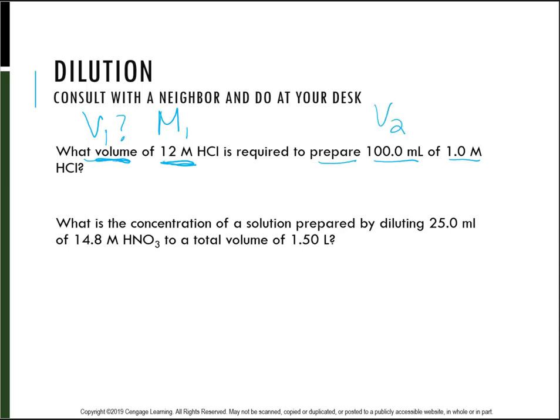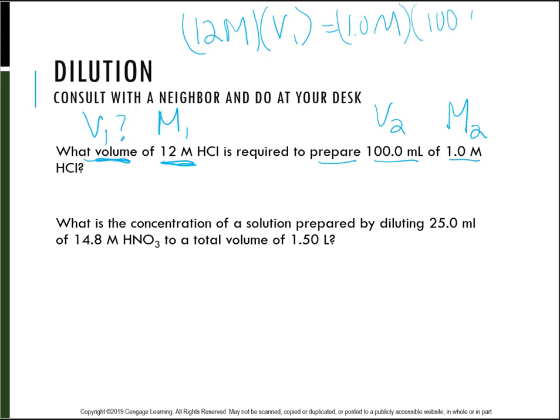This is the volume I'm preparing, this is the concentration I'm preparing. So I know 12 molar, that's my M1, V1 is my question mark, my 1.0 molar is my M2, and my V2 is 100 milliliters.